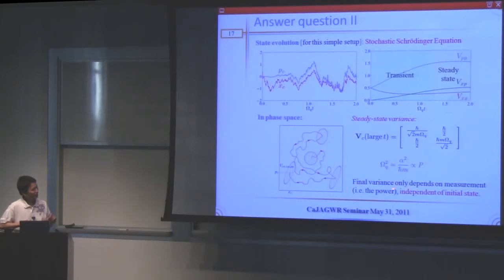It's very interesting that no matter what kind of initial state you start with, you always end up with the same quantum state with the same variance. Basically, because this back action continues to demolish your quantum state, finally the history is always completely forgotten.